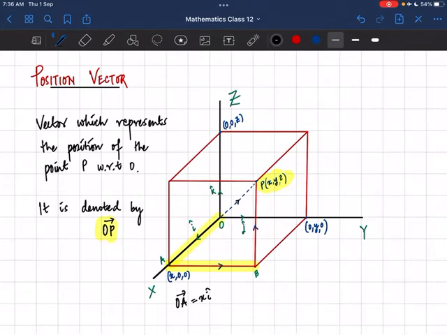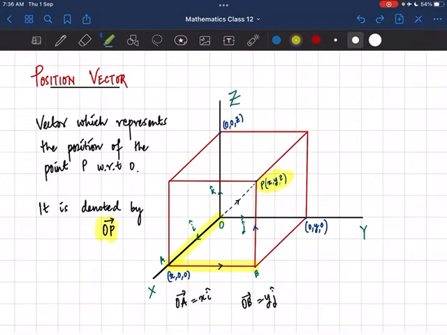So OB vector, just like OA vector, is given by y j cap. And why is that? Because it is parallel to this line, this vector. So the length will be y, the magnitude will be y, and the direction is j cap because it's along the positive direction of y-axis. So OB vector is y j cap.